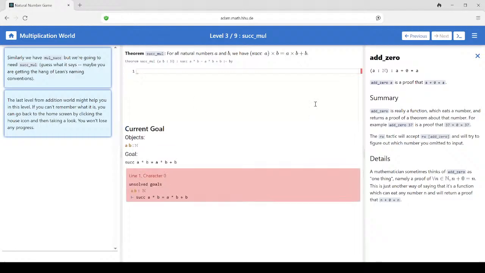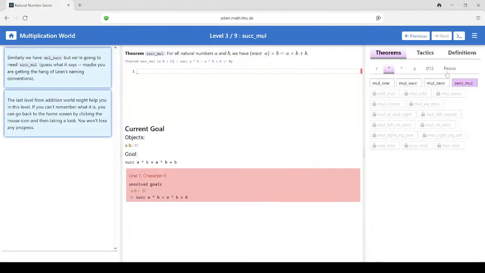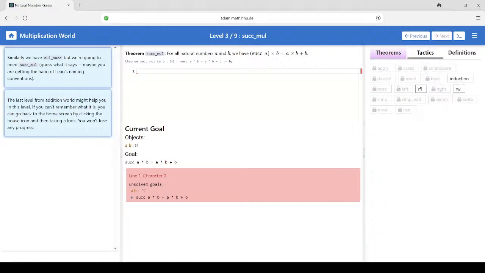I'm thinking now then that I should try and use induction on this one. But which letter do we want to do the induction on? I'm not sure how I would decide that.